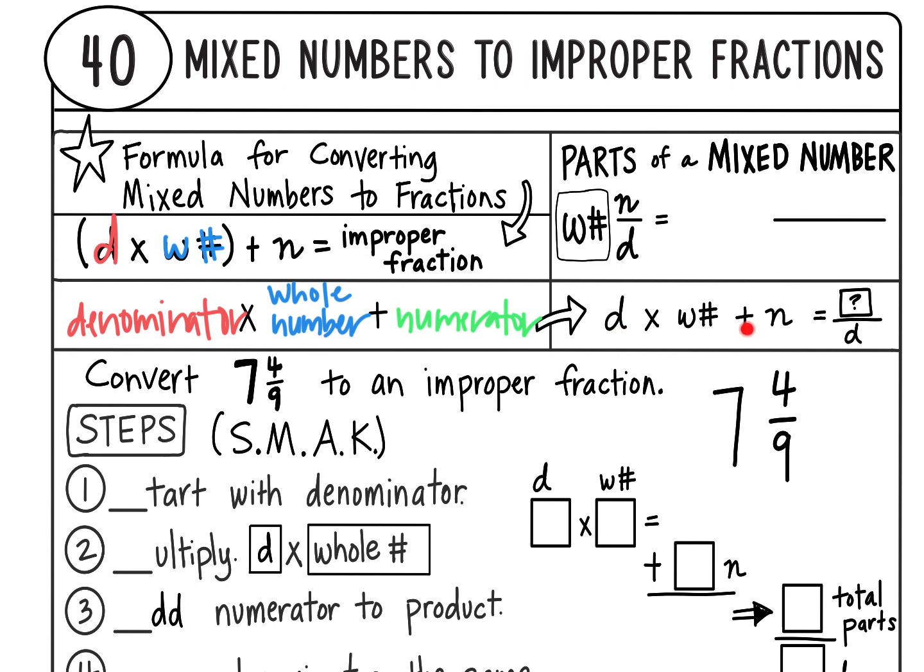Denominator times whole number plus the numerator equals my top number right here that will go over my denominator. So that's how I get to an improper fraction. So remember, whole number's here, denominator's here, numerator is here. It looks like this. Numerator, denominator.